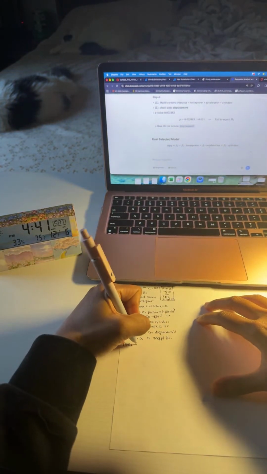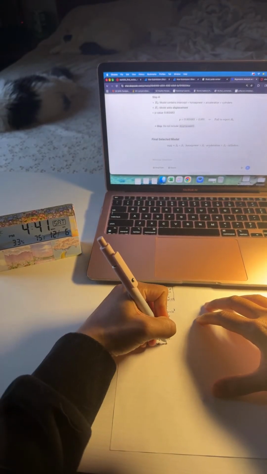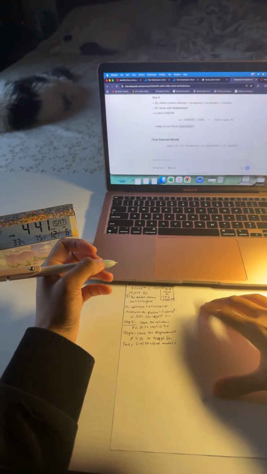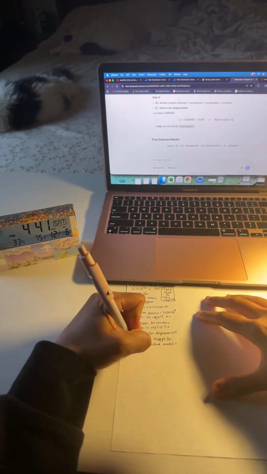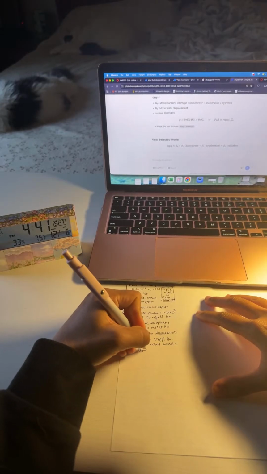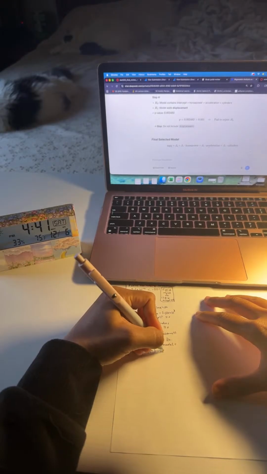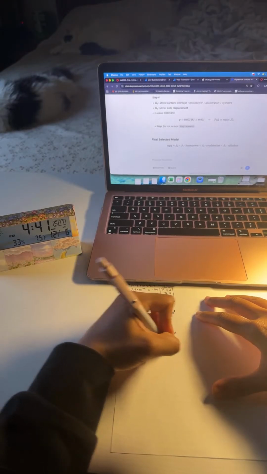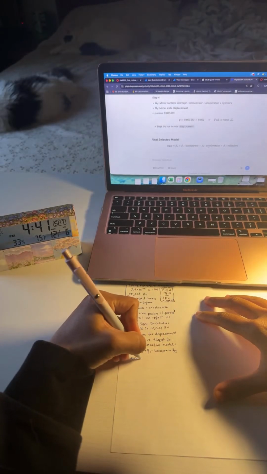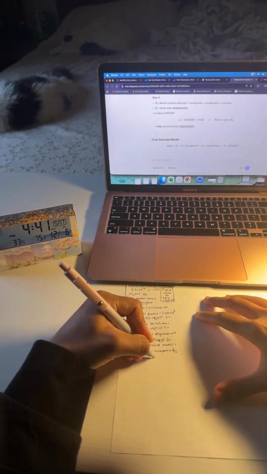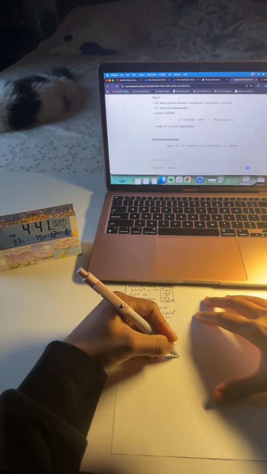Okay, so final selected model: MPG approximately beta 0 plus beta 1 times horsepower plus beta 2 times acceleration plus beta 3 times cylinders.